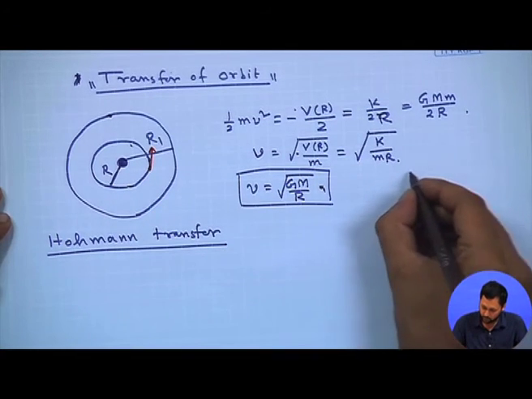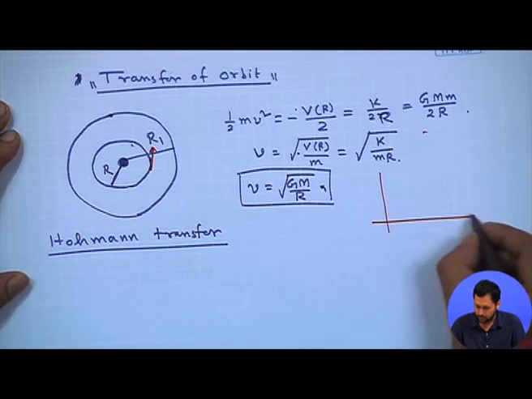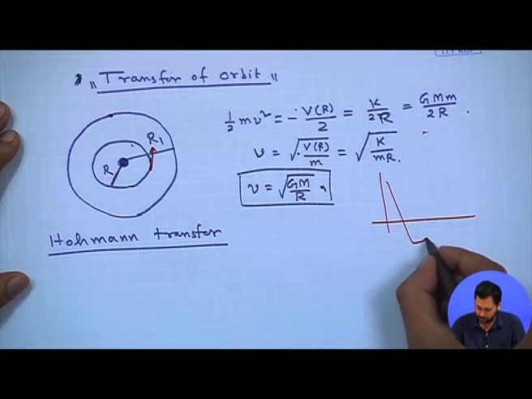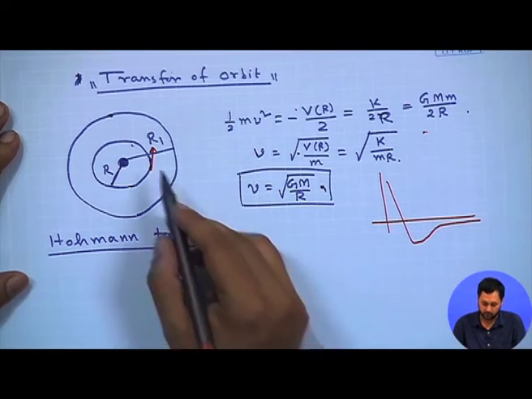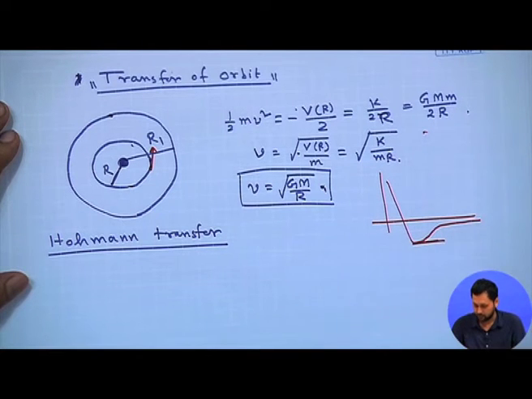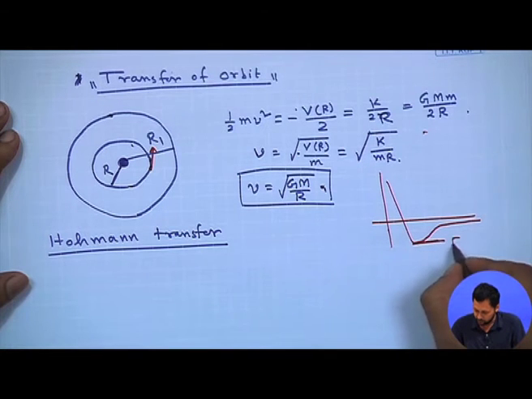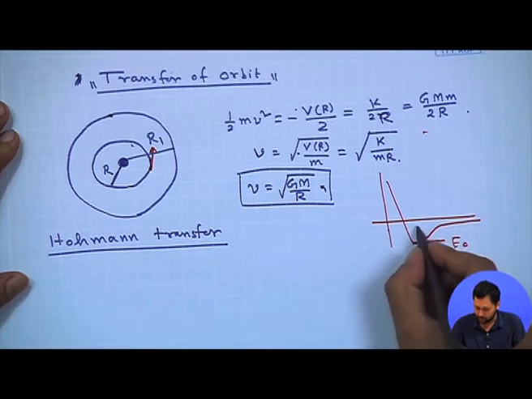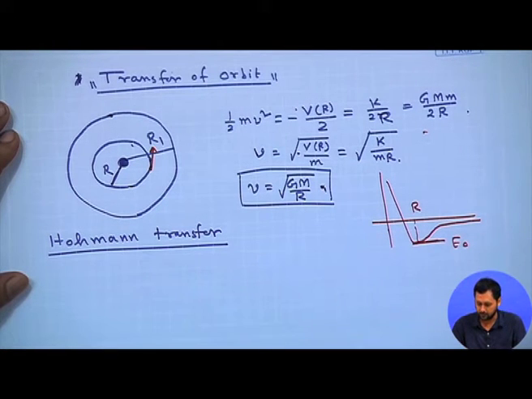Now, if you recall from the equivalent energy picture, this is the effective potential of an inverse square force field. Circular orbit is here. If this is the energy E0, this is the corresponding radius r of the circular orbit, right.